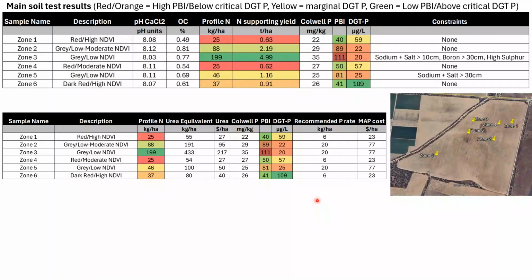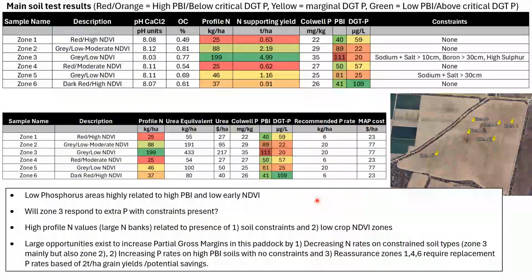So as a summary, low phosphorus areas, and this is quite common right through broadacre regions in South Australia, are highly related to high PBI and the matching low early NDVI signal, so your warmer colours. Question mark here, importantly, where we've got constraints but low P, will that zone 3 respond to the extra P even with constraints present? So hopefully we can nut that one out this year.